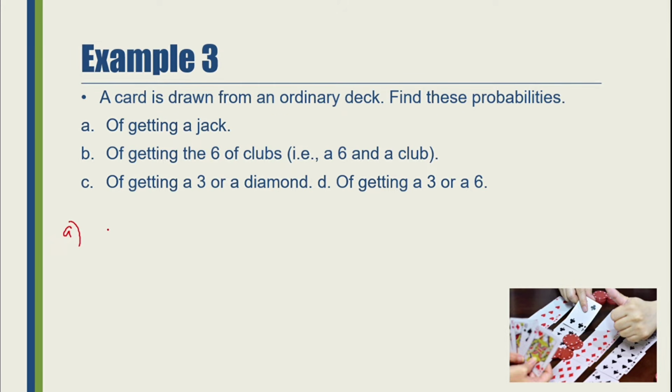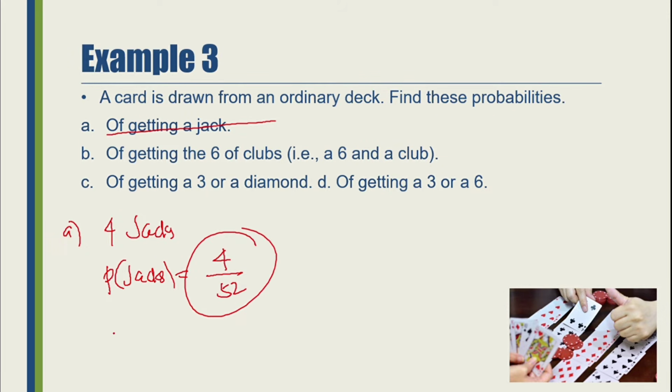There are four jacks, with four suits. Since there is no restriction on the suit, the probability of a jack is 4 over 52. Again, in a standard deck of 52 cards, four jacks are found.